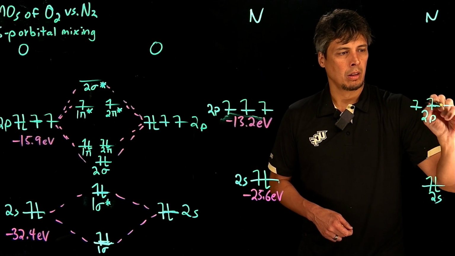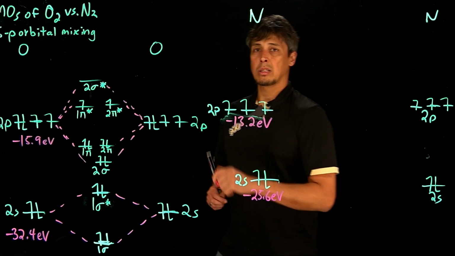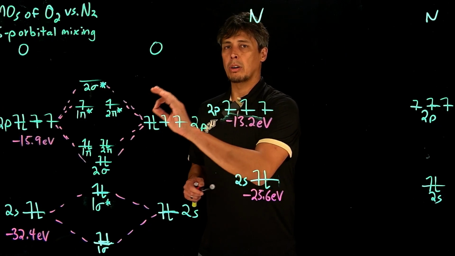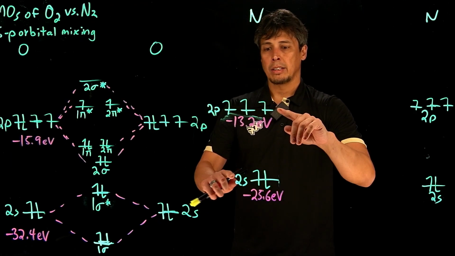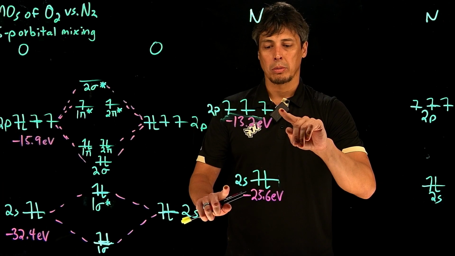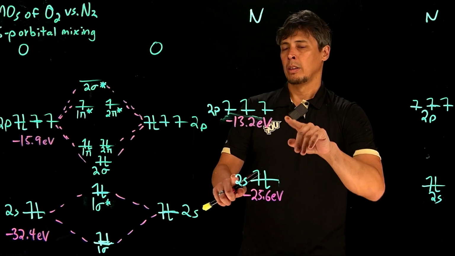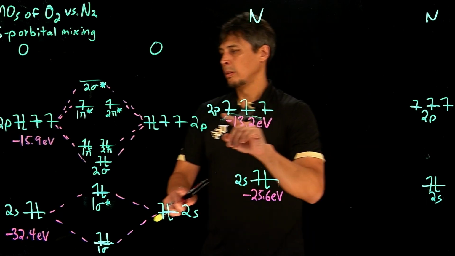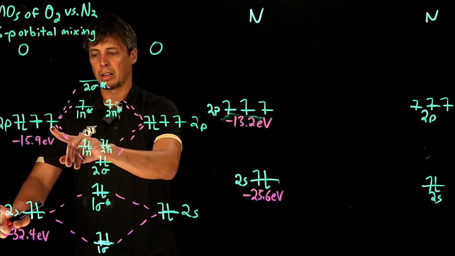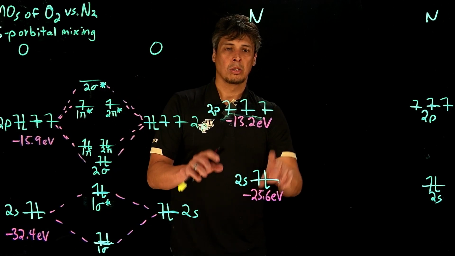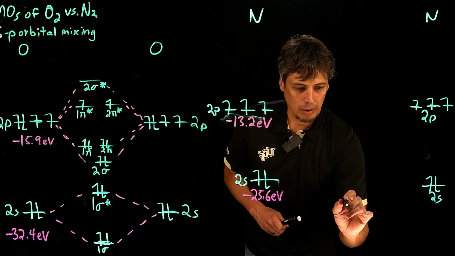Now notice the difference in energy between the 2s and 2p orbitals for the oxygen atom versus the nitrogen atom. For nitrogen it is smaller, about 12 electron volts, versus about 16 electron volts for the 2p and 2s orbitals of oxygen. So these are closer in energy to each other, and this is going to be important, as we'll show in a second.